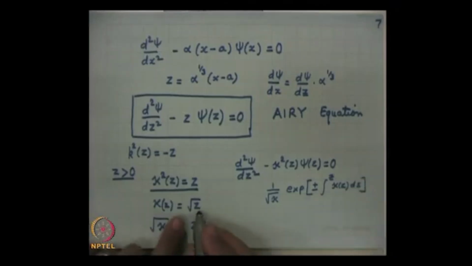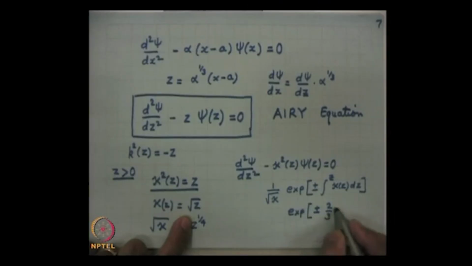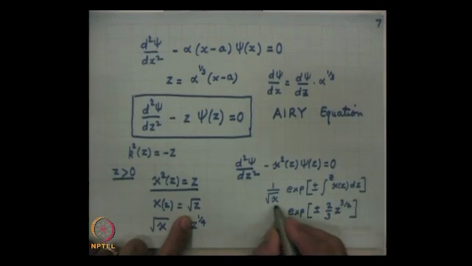So, if I integrate this kappa of z dz, this will be exponential plus minus 2 by 3 z to the power of 3 by 2, and outside it will be z to the power of 1 by 4.